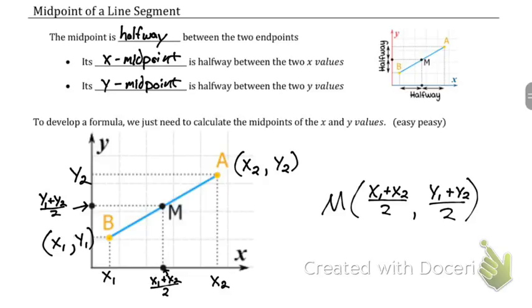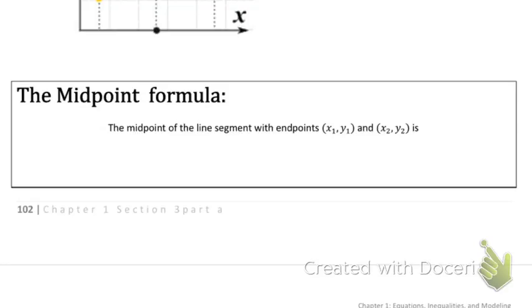And that point will be the midpoint between A and B entirely. So in fact, what happened right here is our midpoint formula. So our midpoint formula is just that point M. Find your halfway point between your x coordinates and find your halfway point between your y coordinates, and you now have your midpoint.